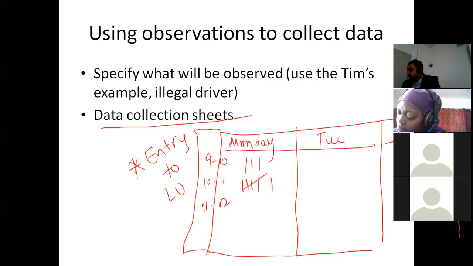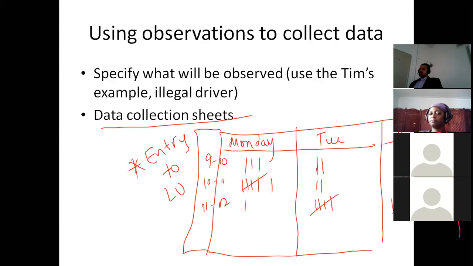And 11 to 12, you just get the 1. Tuesday, it's a little bit different. Probably reflects class times or whatever it may be. Wednesday. So these are your rough data sheets, okay? So typically rough data sheets may look like this, they may look different, but you need data collection sheets.